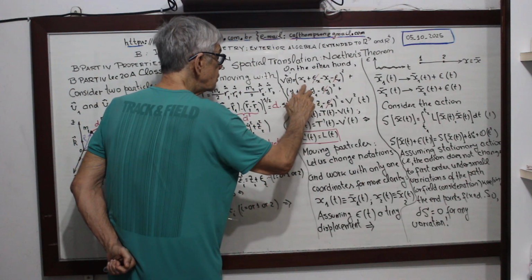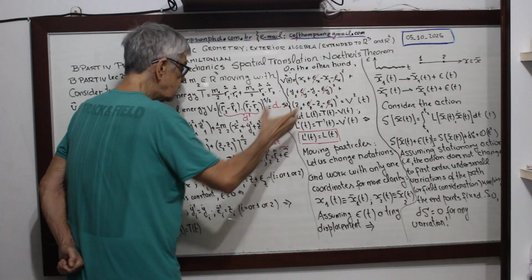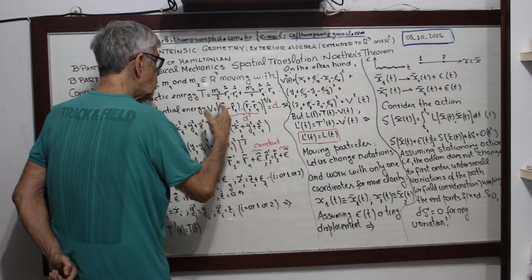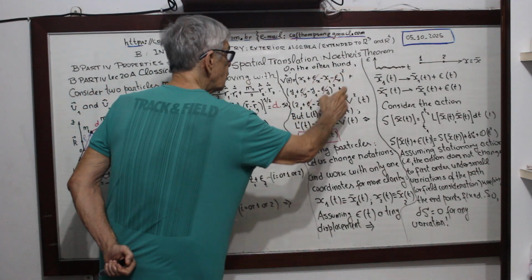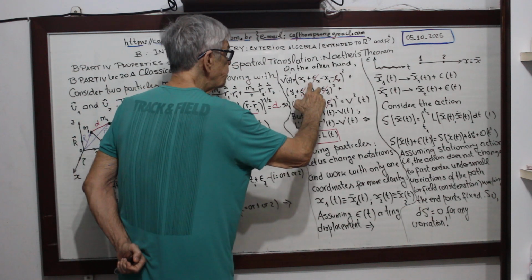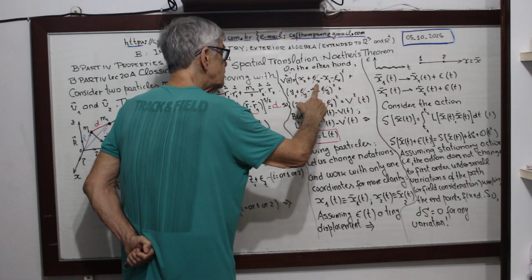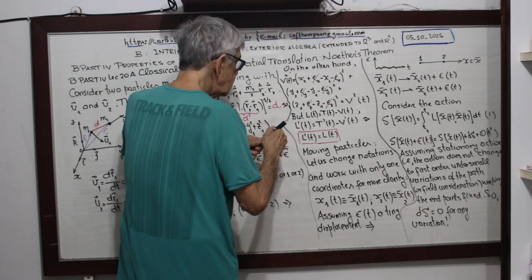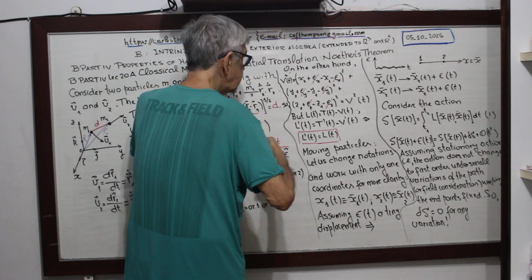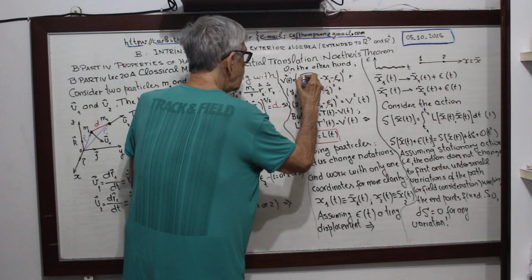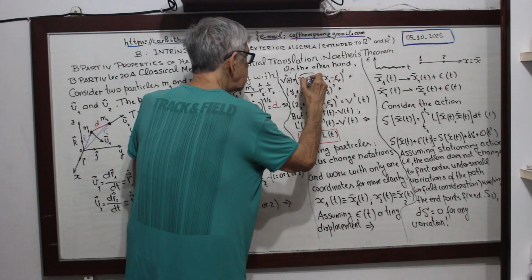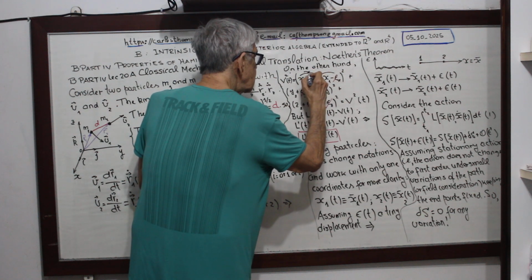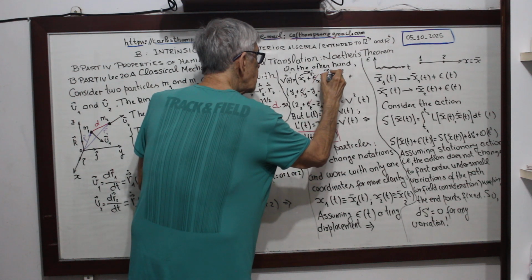If you apply this R2 minus R1, it just leads to this square here, and this is x2 plus epsilon x minus (x1 plus epsilon x), that is, x2 prime minus x1 prime.